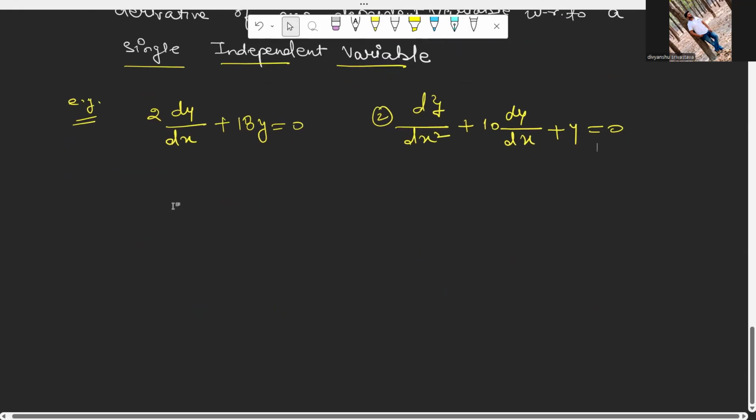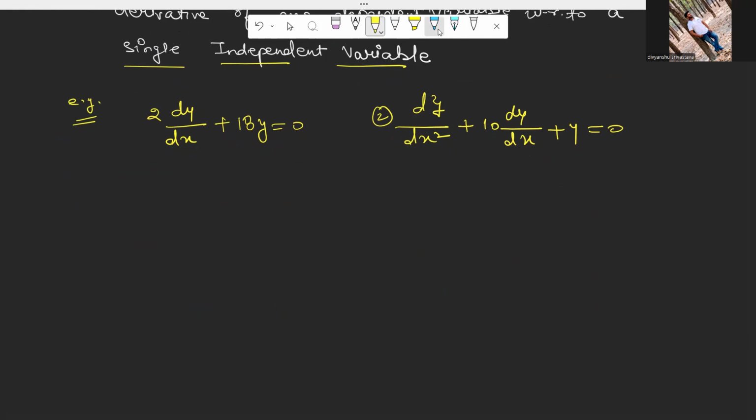Now come to the next point, your partial differential equation. What is a partial differential equation? A differential equation involving partial derivatives of one or more variables with respect to one or more independent variables is called a partial differential equation.